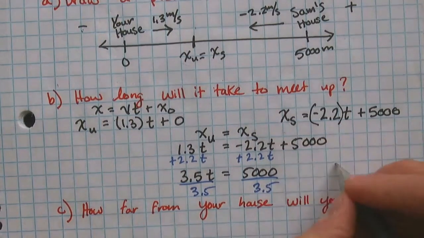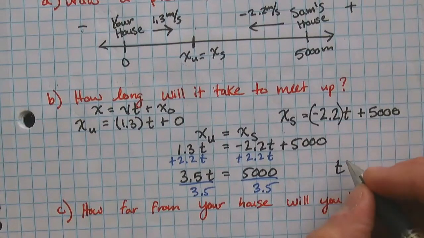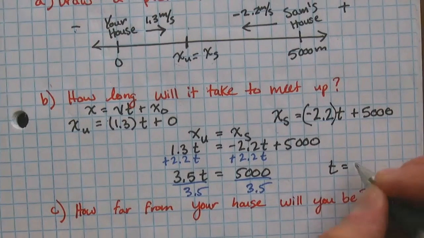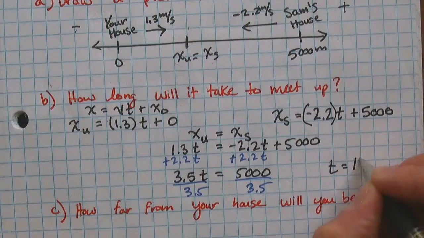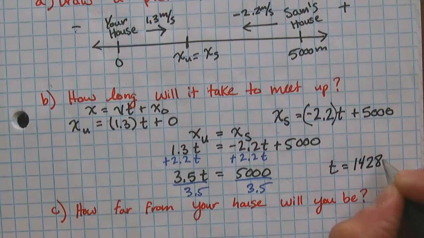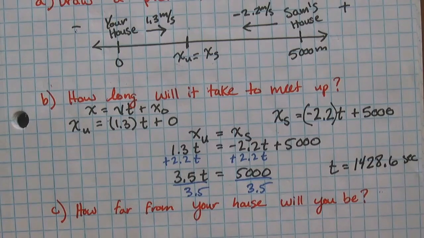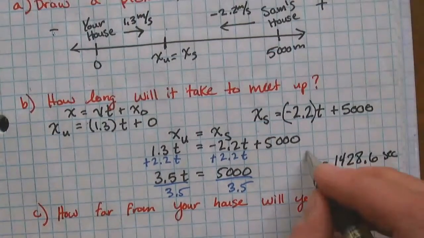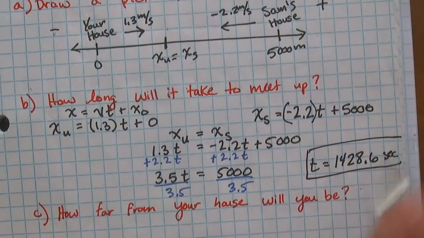So then you're going to get that t is equal to, it's going to be a pretty big number here, 1,428.6 seconds. You don't really need the 0.6 seconds, but I guess since I forgot to round, we have that. So that's how long it takes for you guys to meet.